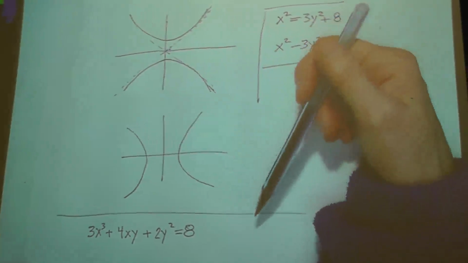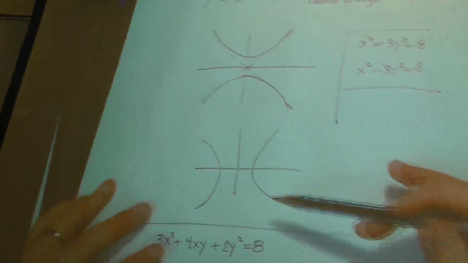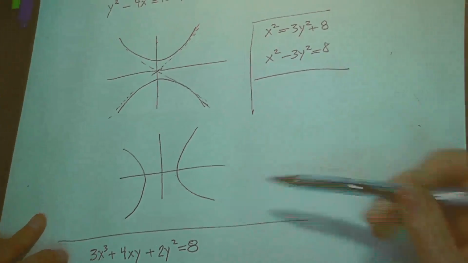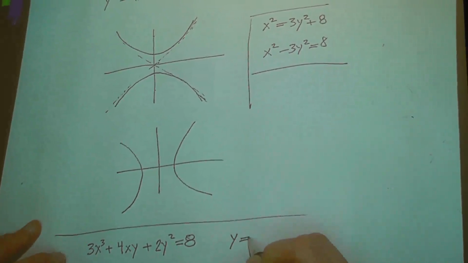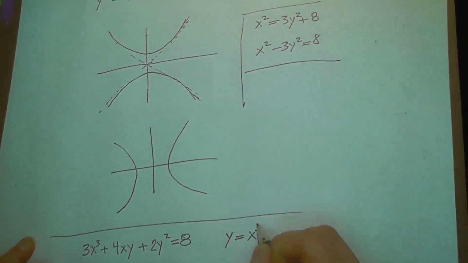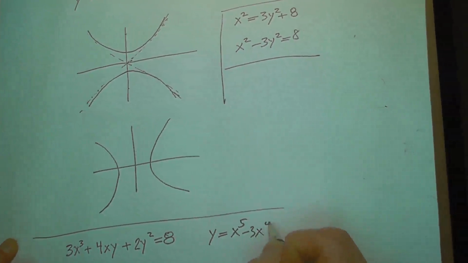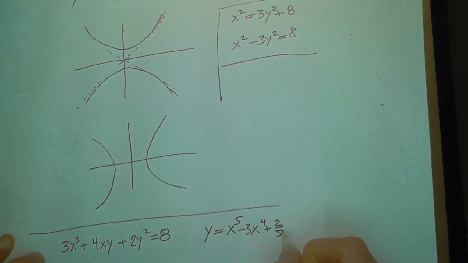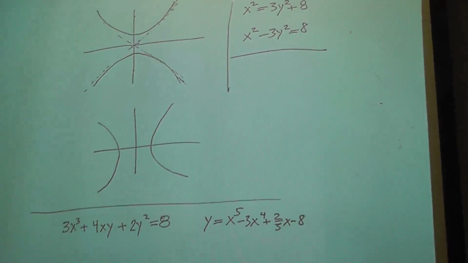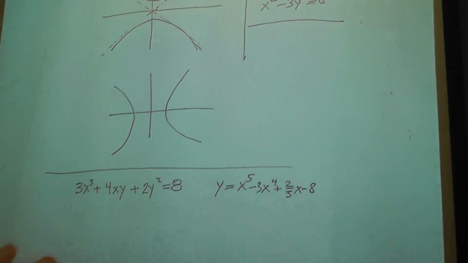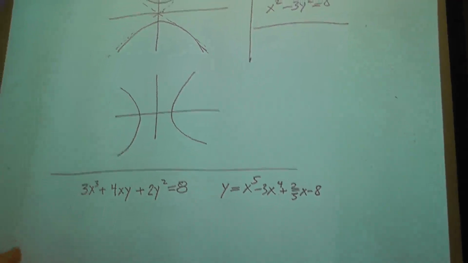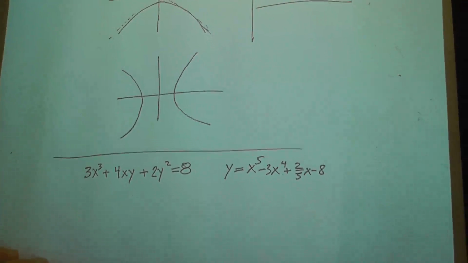Most things you cannot possibly graph. I can't even graph a simple polynomial like this. I can't even tell you where the x-intercepts are. I can't even tell you how many x-intercepts there are.